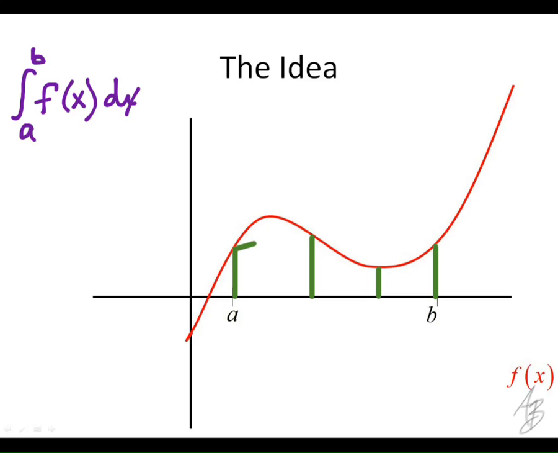Rather than use a rectangle where the left endpoint determines the height, or a rectangle where the right endpoint determines the height, we can use a trapezoid. This is a trapezoid because this vertical line and this vertical line are parallel to each other, and those two would be the bases. So we can approximate the area on each subinterval by drawing in these trapezoids, essentially connecting the endpoints of the interval.